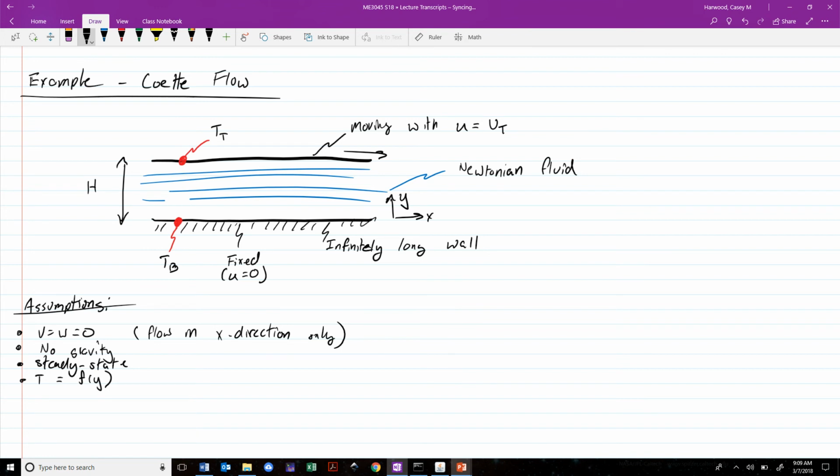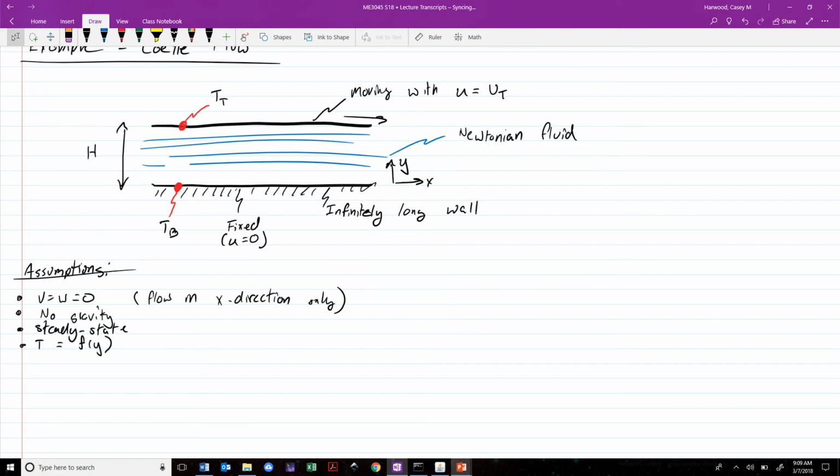And let's say we have a pressure over here, P1. Over here we have a pressure, P2. We'd assume that P1 is equal to P2, or in other words, that this is not a pressure-driven flow.